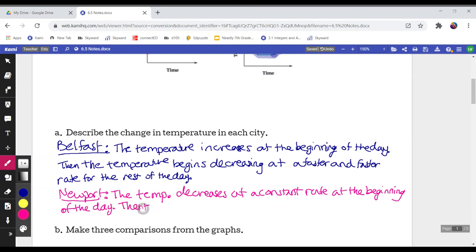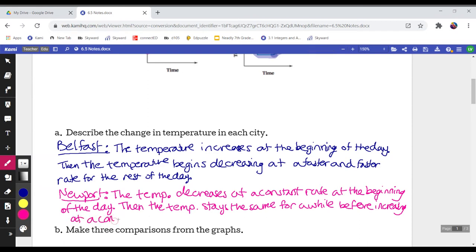Then the temperature stays the same for a while before increasing at a constant rate for the rest of the day.